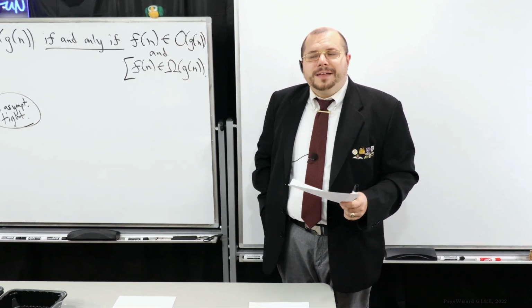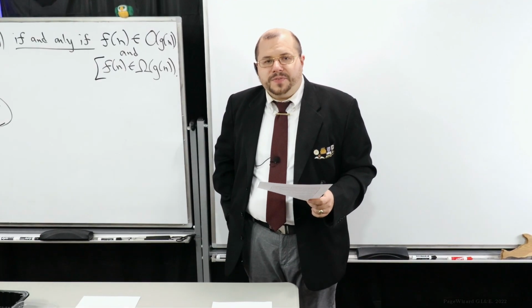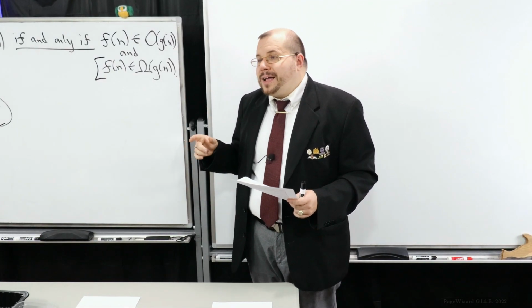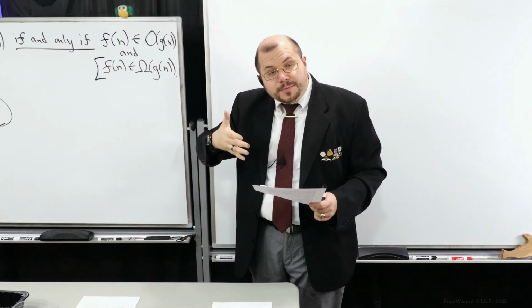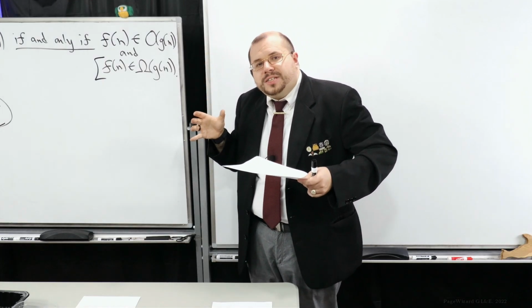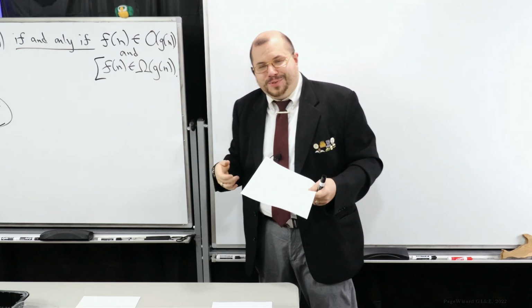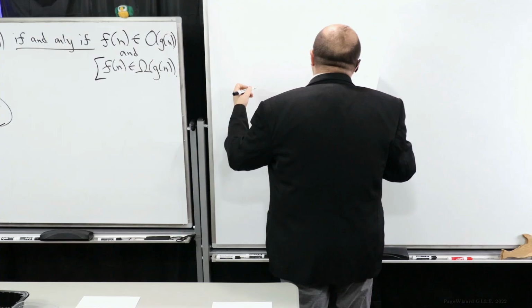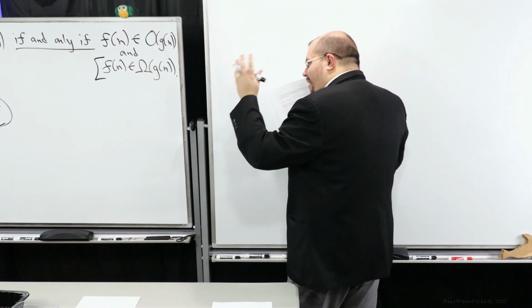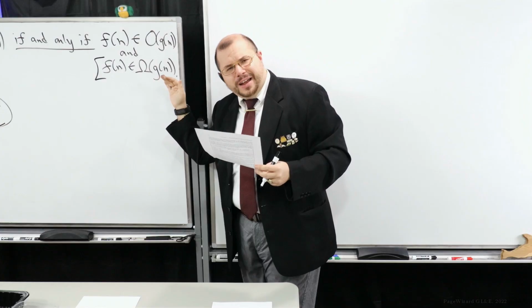I want to establish that f is big O and f is big omega of the other function. I can either prove those claims separately and show that both are true, or I can take this definition and expand it so that I do it at the same time. I'm going to try proving them together, but I advise that you break it into two parts to convince yourself that I've done the same thing.